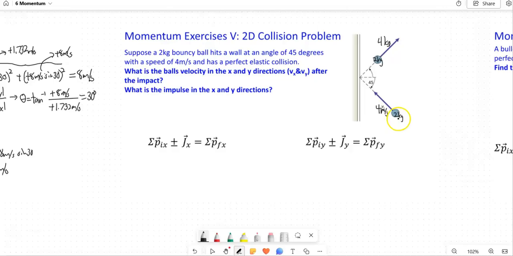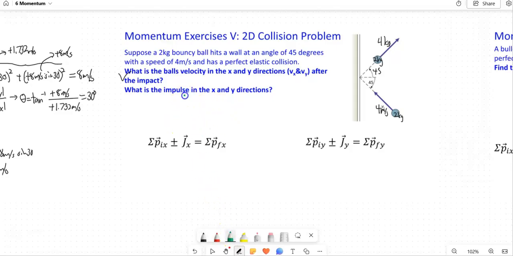Well, 1/2 times 2 kilograms times 4 meters per second has to be equal to 1/2 times 2 kilograms times 4 meters per second, which means this incoming angle is equal to that outgoing angle. So we've kind of already just reasoned through this, okay? And that's going to be important because we need to figure out what the impulse is in the x and y directions, okay?